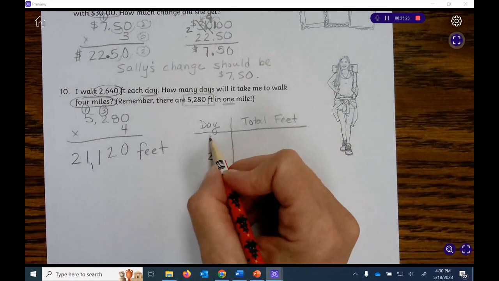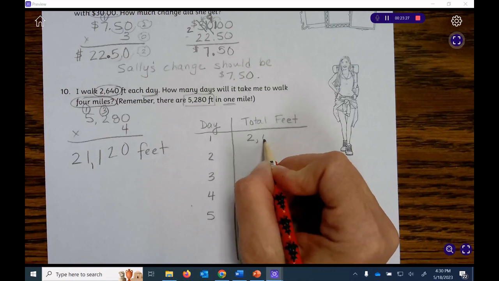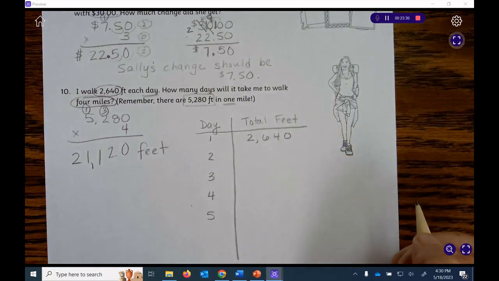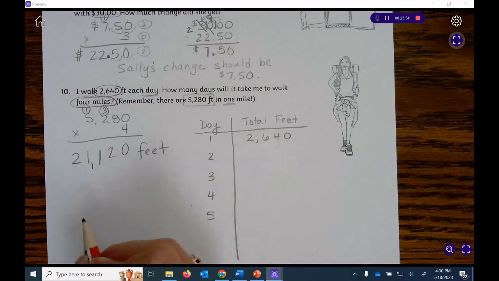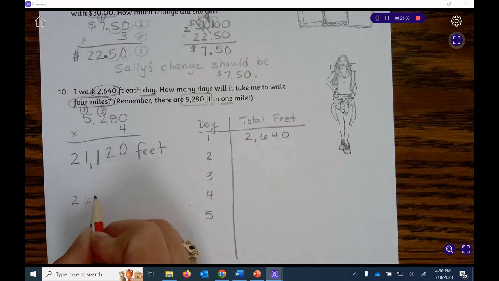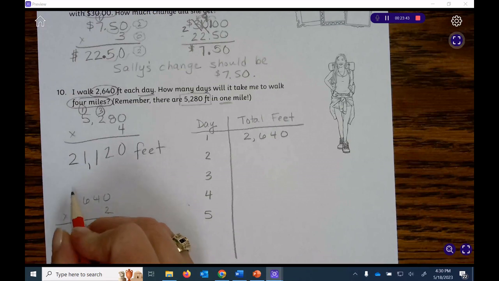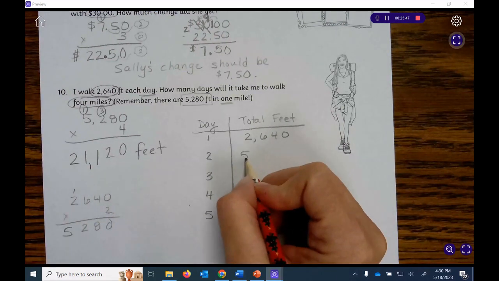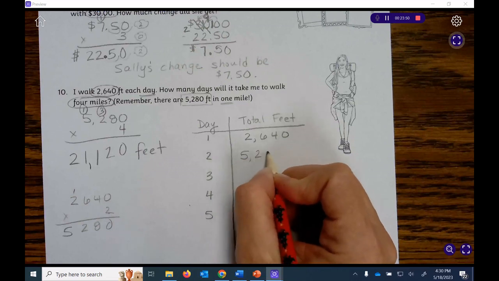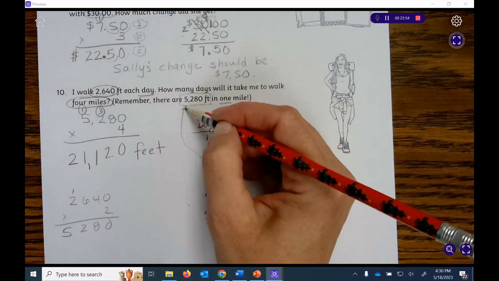Okay. So one day is 2,640 feet, right? A total. So if she does it for 2 days, that's 5,280. Oh, look at that. That's a number we know.